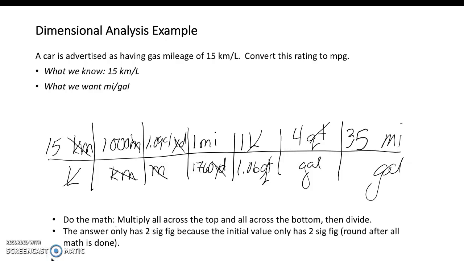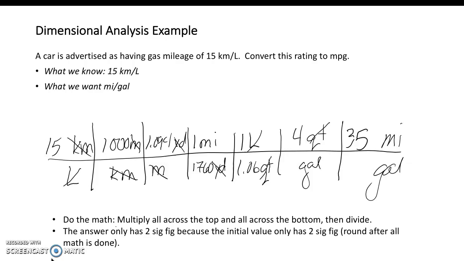My answer only has 2 significant figures because that initial number they gave us of 15 kilometers per liter only had 2 significant figures. And of course, you see that everything else is a definition, so those are infinite numbers of significant figures.